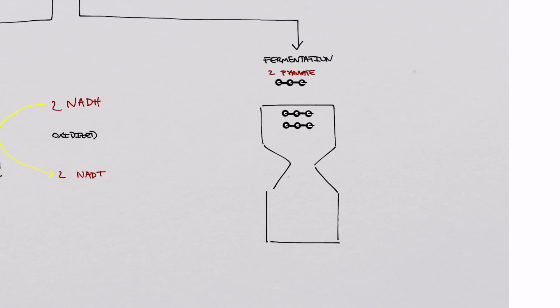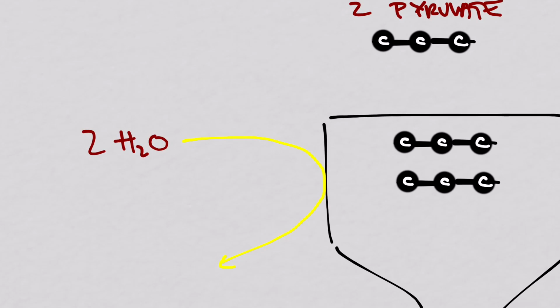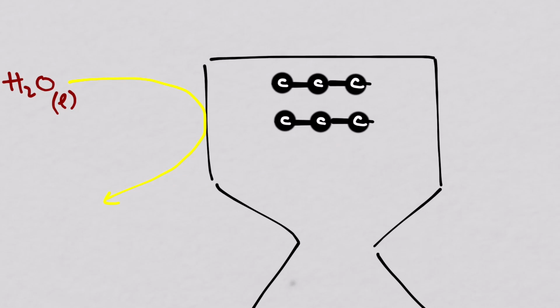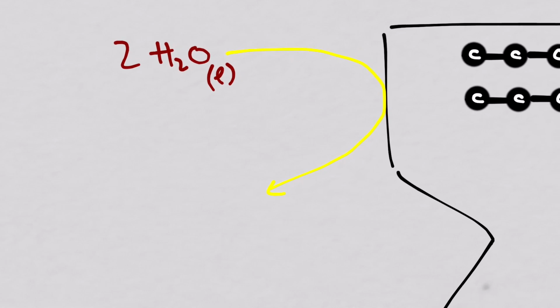And grab your carbons, 2 pyruvate, enter this right here. But before they move on, 2 waters, 2 H2O, come in, and they're in the form of a liquid here. So I'm going to do a small L. And out from this carbon, the 3-carbon compound, out pops 2 CO2.